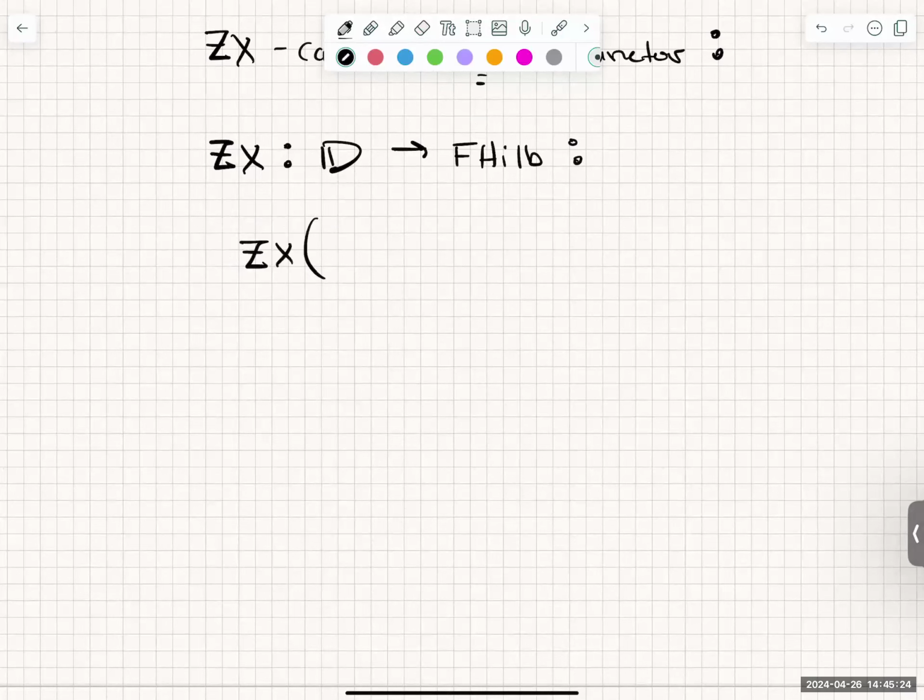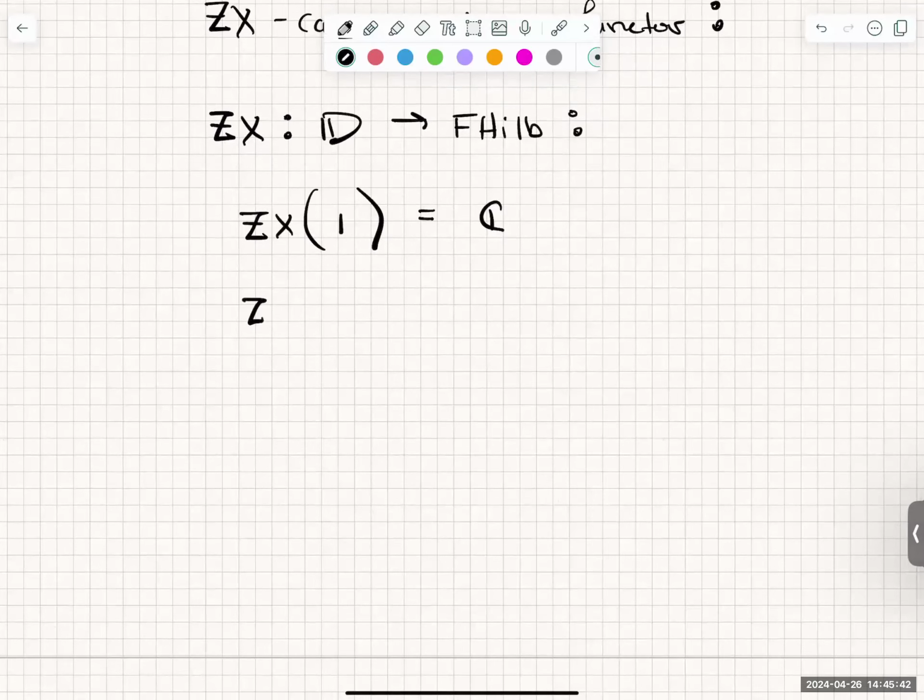So ZX acting on, let me think for a second, the identity here, needs to be equal to the identity on C2.